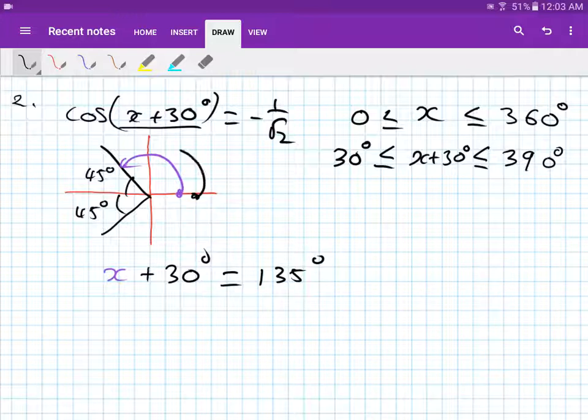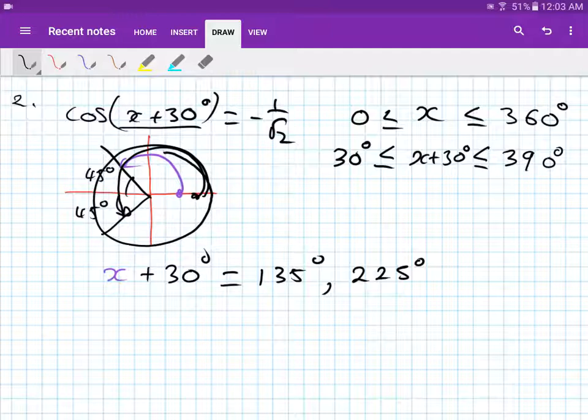And then the next one is here, 180 plus 45, which is 225 degrees. And then you go one round up to 360, up to 390. What happens? Yeah, you stop. You can't go any more because you can't exceed 390. So that's the only answers you have.